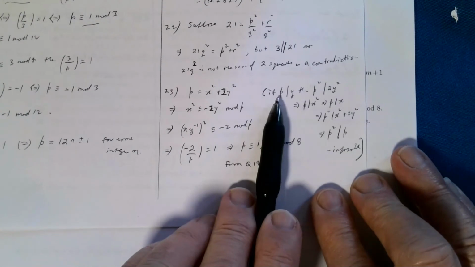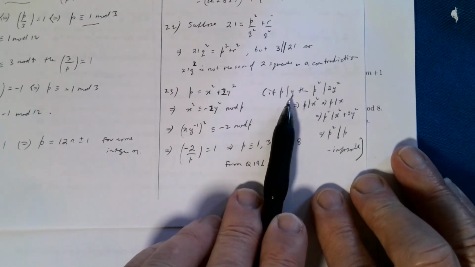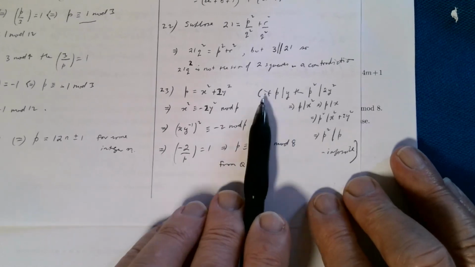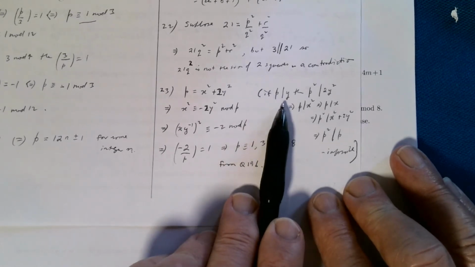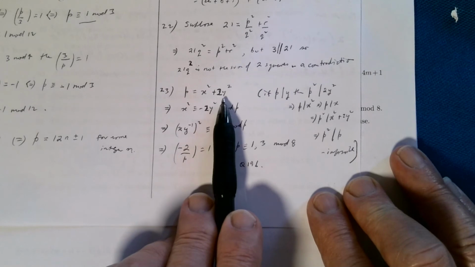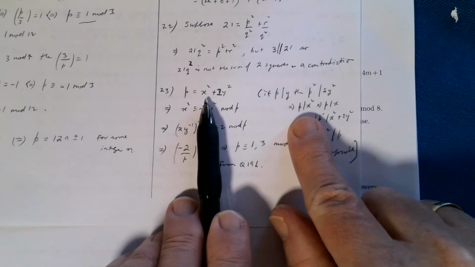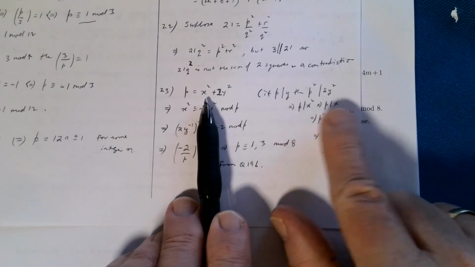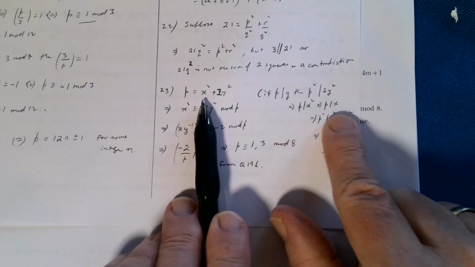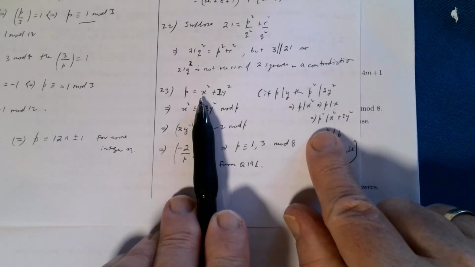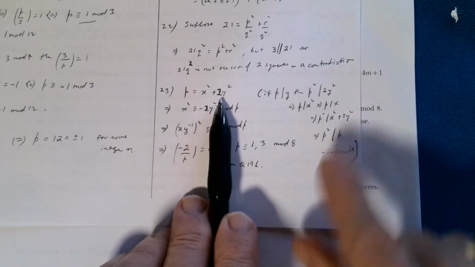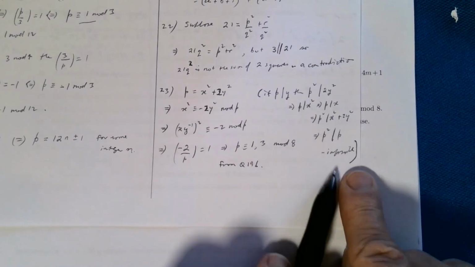So p doesn't divide y is what I want to say here, because I want to be able to say that y has an inverse. So if p divides y, then p squared divides this term, and then p divides this, p divides that, p divides x squared. Because p is a prime, if p divides a square, it divides x. In that case, p squared divides x squared plus 2y squared, and then p squared divides p, which is impossible.